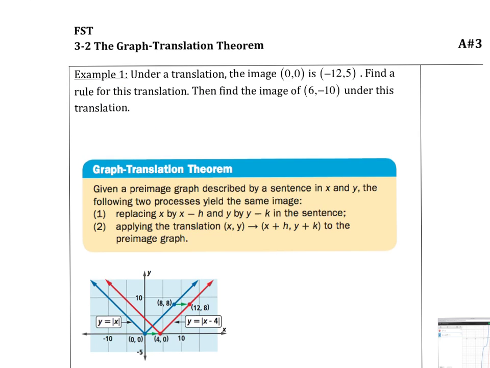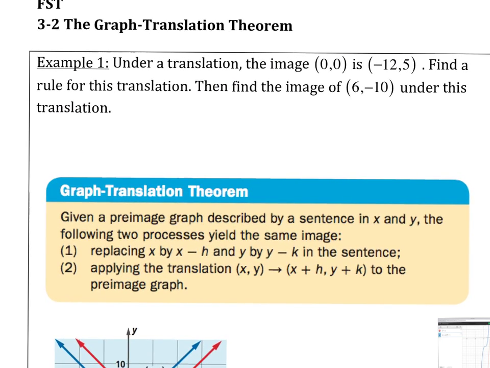So on page 2 here, we have a translation, and the image of. So please insert the of there. It's important that we have the image of. So in other words, this is my pre-image, 0, 0, and it gets translated to negative 12, 5. So find a rule for this translation. So remember, there are two ways to write the rule.